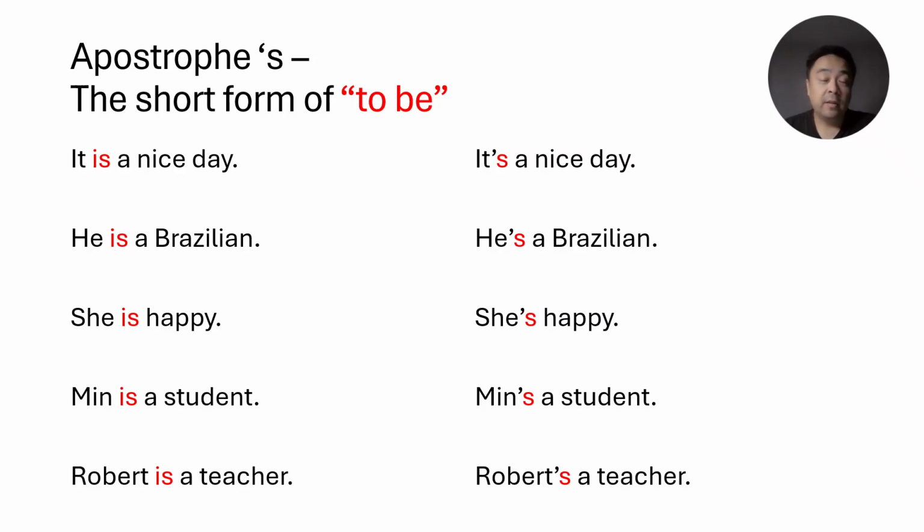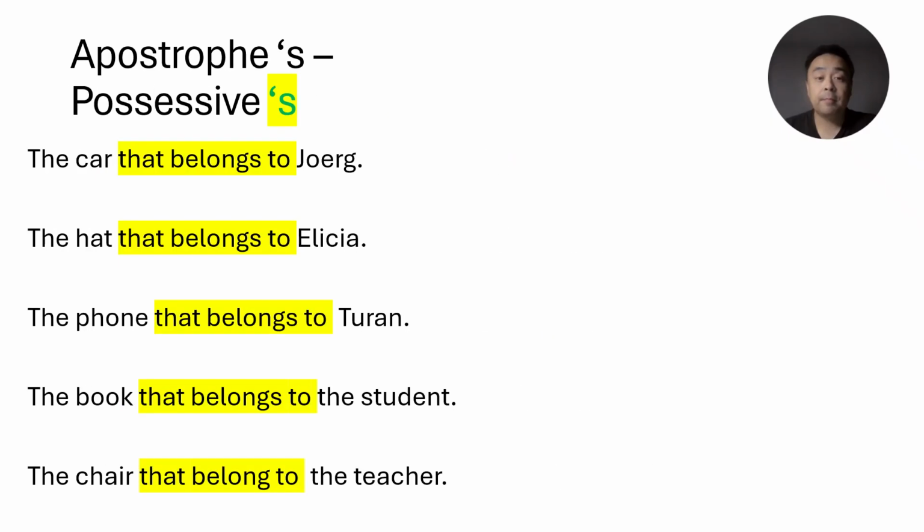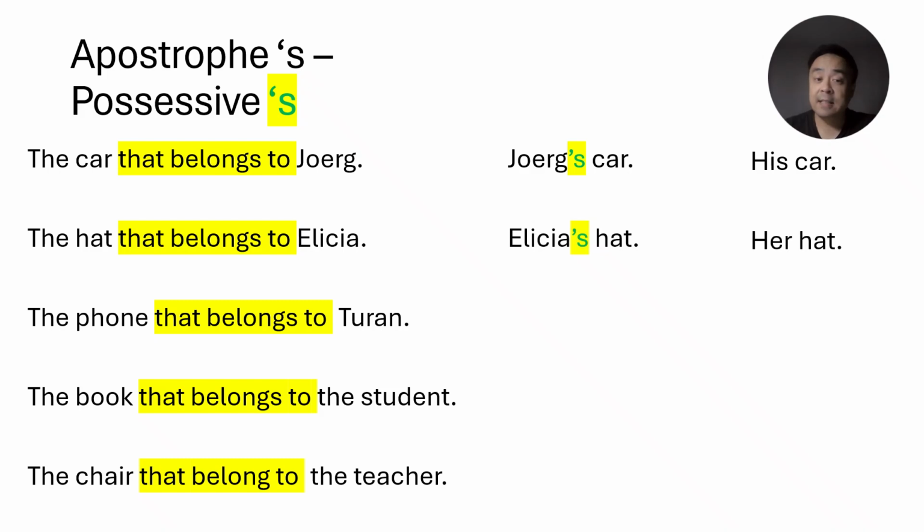We also see the apostrophe S in other situations. We see it when we talk about possessives. For example, the car that belongs to Jorg: Jorg's car. His car. The hat that belongs to Alicia: Alicia's hat. Her hat.